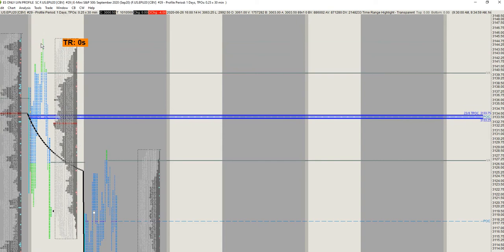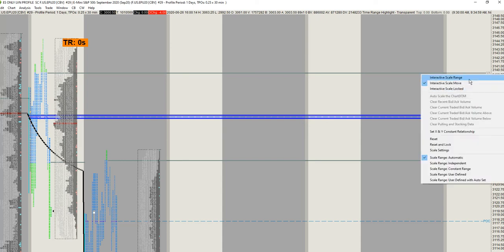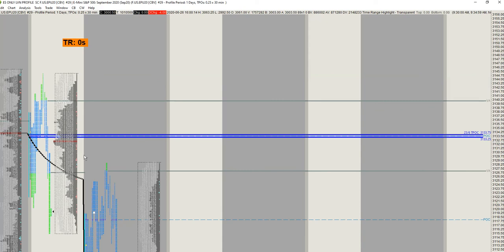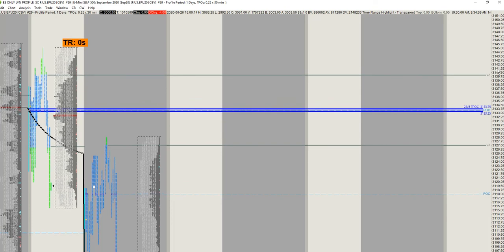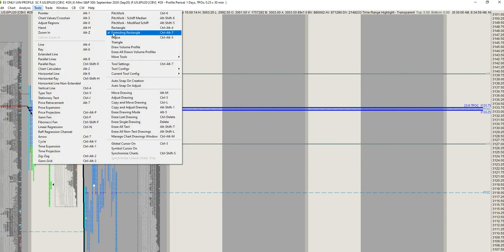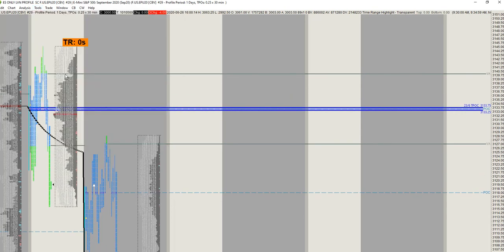Yes, we got the tail there, but I don't think that tail is the most important thing. I think the most important thing is to know where the market rejected close to the TPOC, the most traded price. It was tough because you basically have a low volume node here.